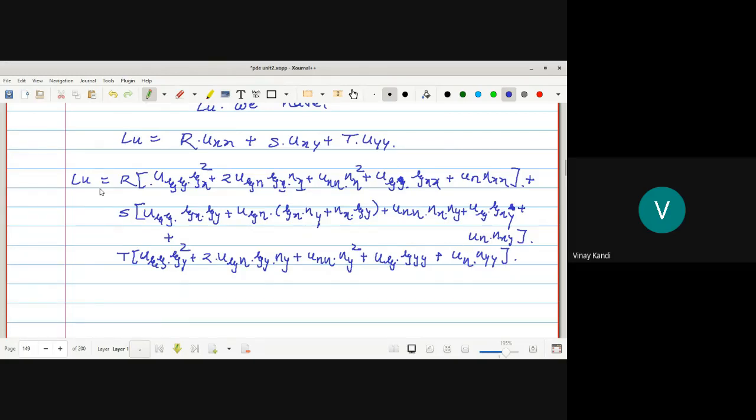So this is the value of L into u, R into uxx plus S into uxy plus T into uyy.